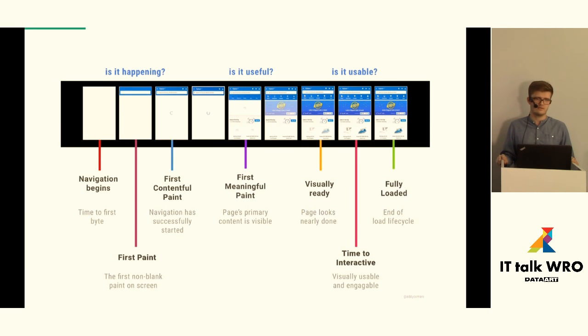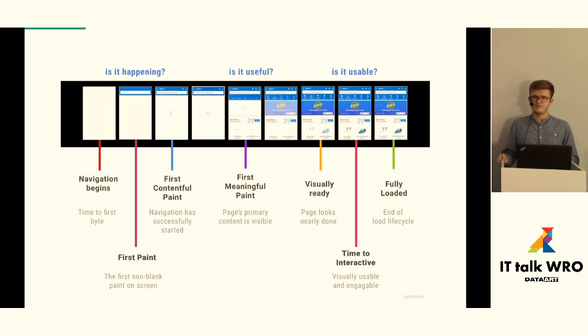But anyway, the user can read something at this point, and then everything is ready visually, but not ready to respond to user actions, for example, scrolling and so on. And at the end, the user can do everything he or she wants to do.